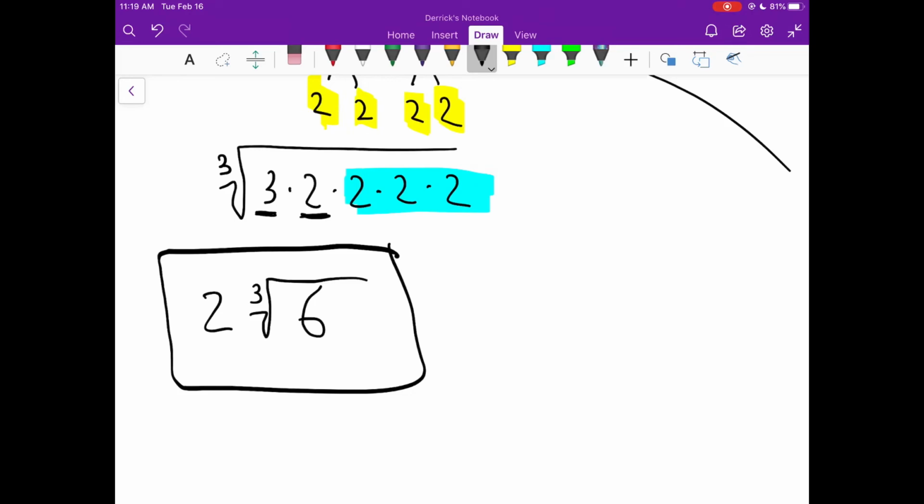Do you need pairs? Do you need trios? Do you need a group of 4, a group of 5? It's just whatever the type of root is, that's how many of the same number you have to find to be able to pull anything outside the radical. And then it's the same process no matter what, so you don't have to feel like you're memorizing a whole bunch of different things.